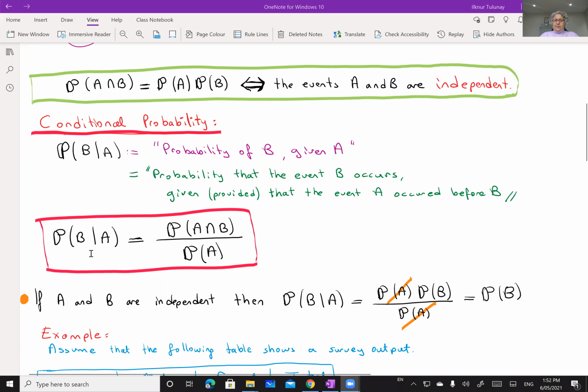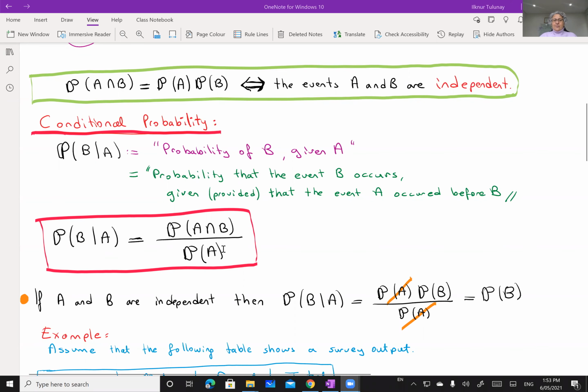The probability of B given A is the probability of A intersection B divided by the probability of A. That means A is given, it has happened, and then you ask yourself, what is the probability of B? That is given by the formula: the probability that A and B happen at the same time divided by the probability of A. I think it makes sense.